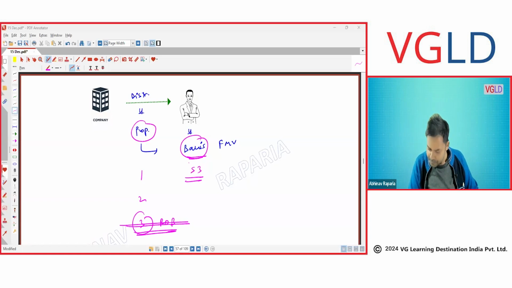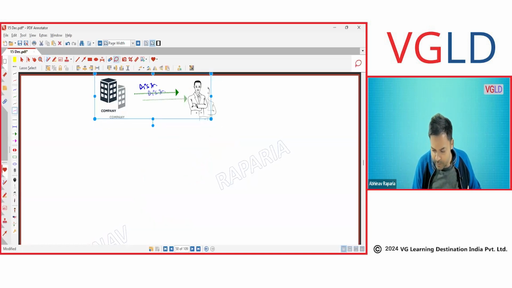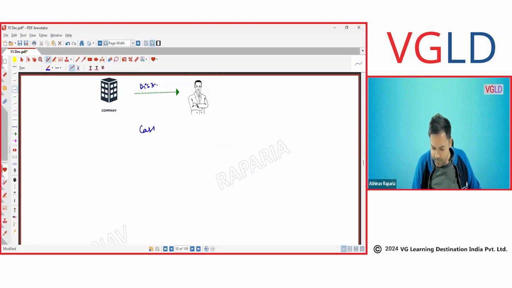So just to summarize, whenever the company is making a distribution to the shareholder, if you are giving cash, then obviously the company will not recognize any gain or loss. The distribution value is whatever cash is given.